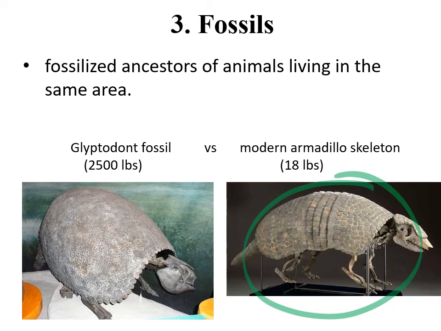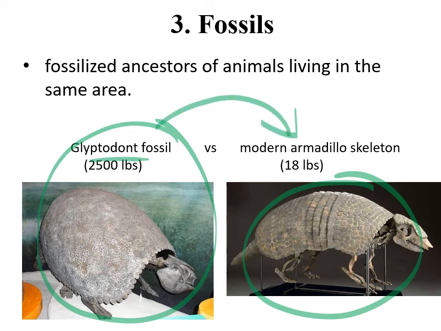But if you look in the fossil record of the same location, you can see these giant armadillos. So a long time ago there used to be giant armadillos, and now in the same area there are these modern armadillos, which might make it look like over a period of time this armadillo species has changed to become the modern armadillo.